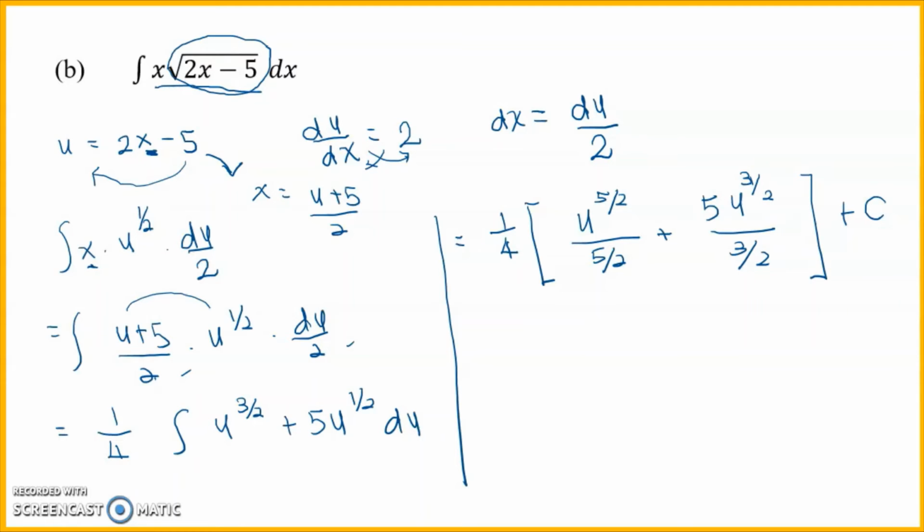So finally what we can do is simplify this, and hence we get 1 over 4 times 2 over 5, which gives us 1 over 10, and then substitute u with 2x minus 5.